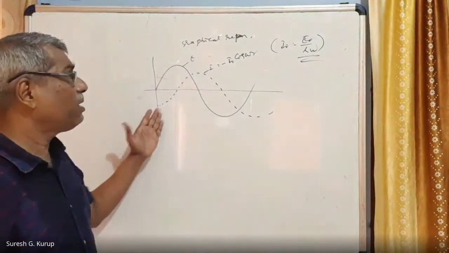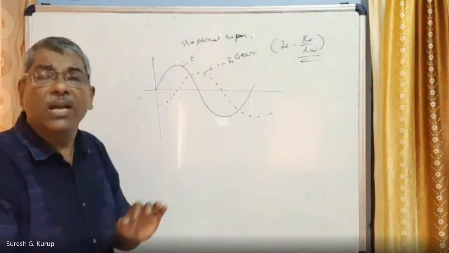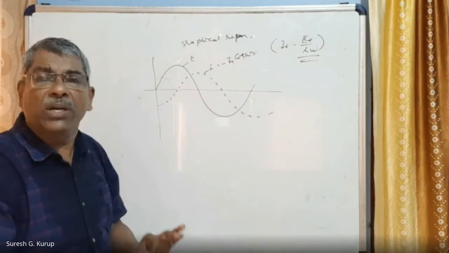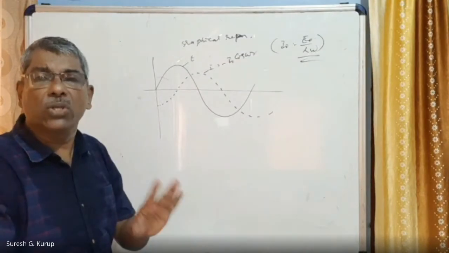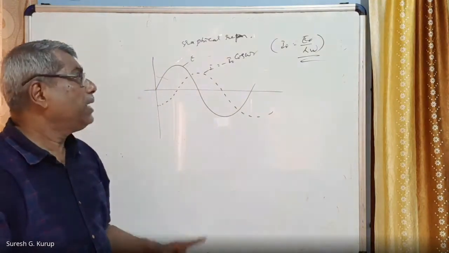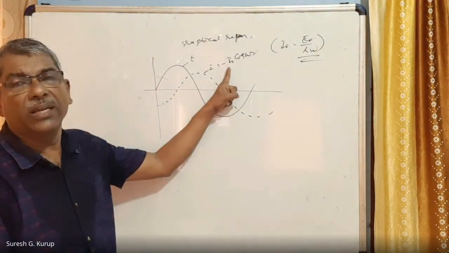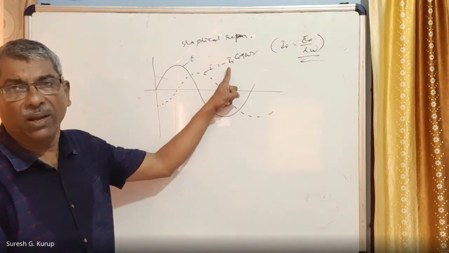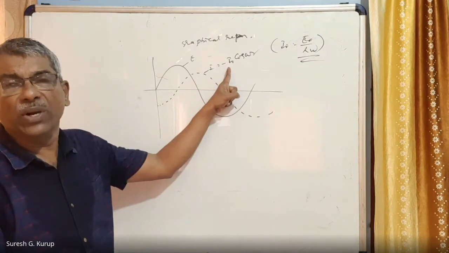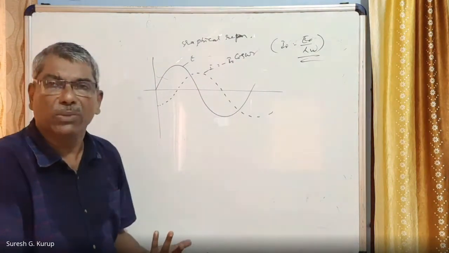Why is this negative? Because the resulting current we are getting is equal to E0 by L omega into minus cos omega t. When cos omega t is equal to 1, then I is equal to minus E0 by L omega. E0 by L omega is what is called I0. The current becomes maximum when the cosine value becomes maximum.